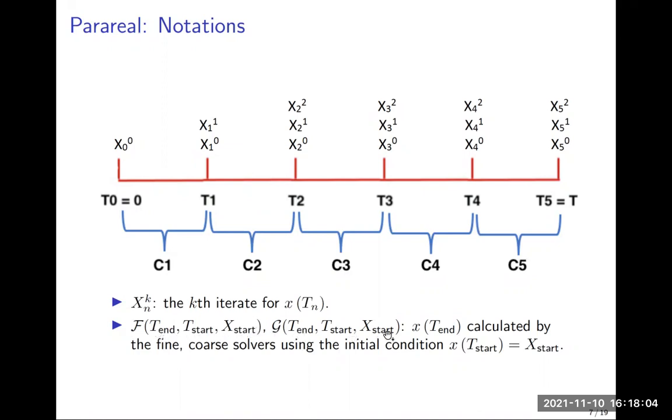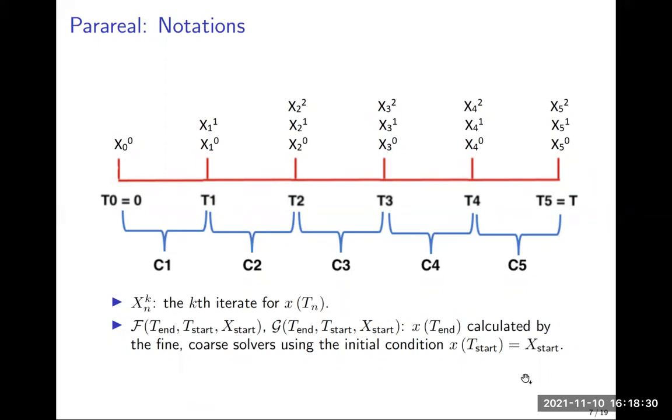And this second thing, also propagating from a starting time to an end time, but using the coarse solver instead. And the initial condition is x start. So these are another two pieces of notation. Basically, they denote solutions obtained by the fine solver or coarse solver.